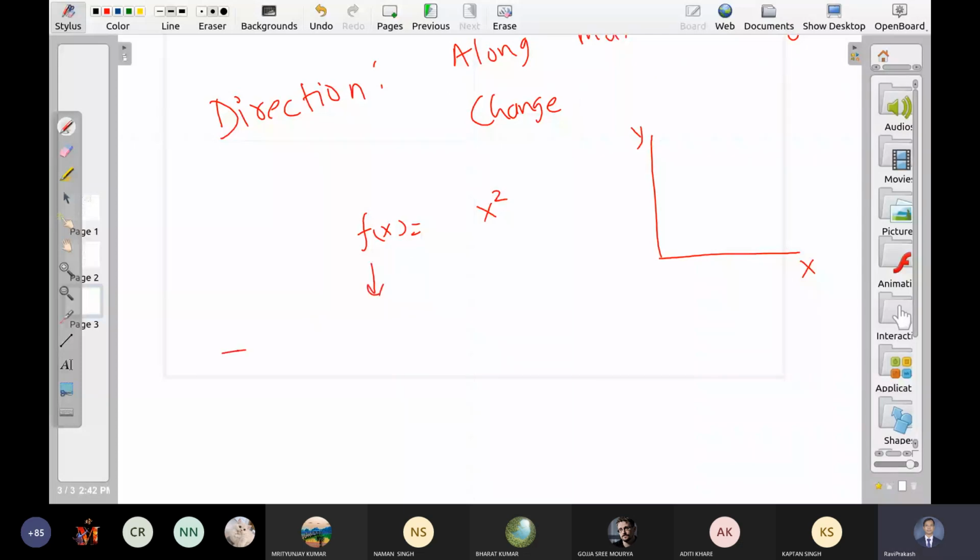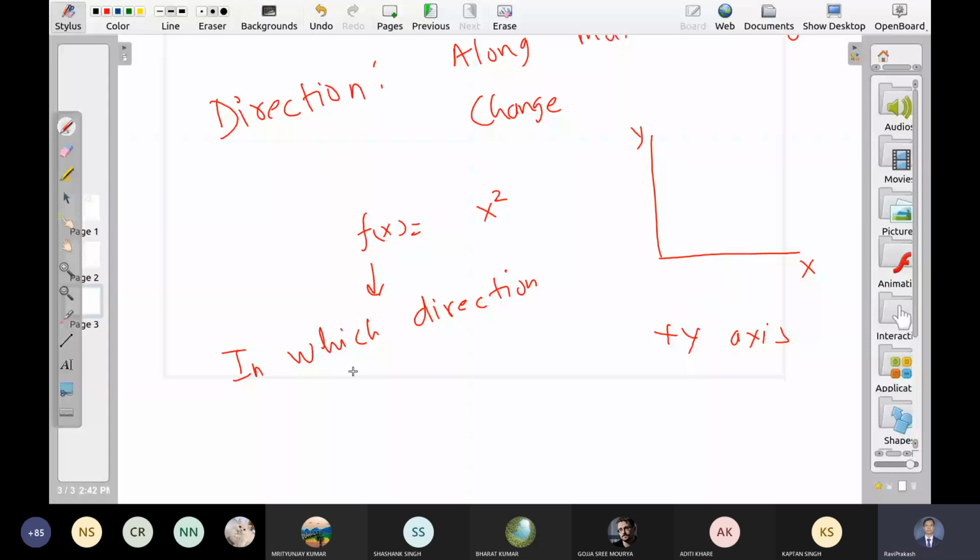Y direction. Positive Y direction. पॉजिटिव y एक्सिस. सर x इक्वल टू 0 के बाद सर शो करेगा. It shows maximum rate of change.